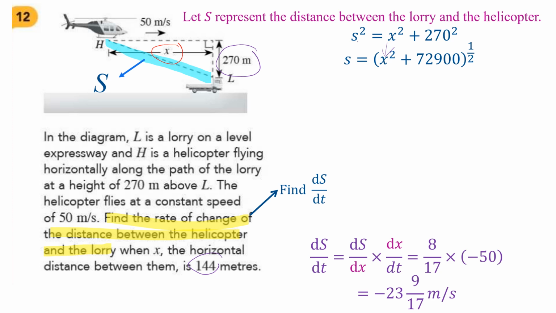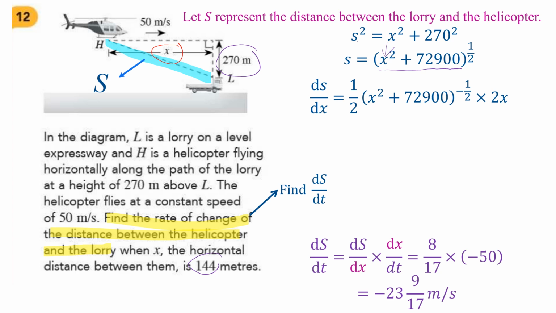Alright, so here I need to apply chain rule. So ds over dx will be half times bracket X squared plus 72900, that is by squaring 270, and then half minus 1 gives you negative half times differentiate this. Differentiate X squared, you get 2X, differentiate 72900, get 0.